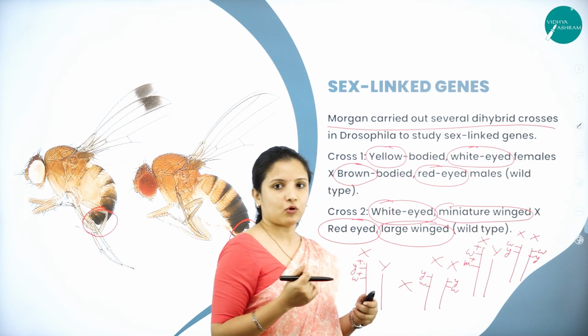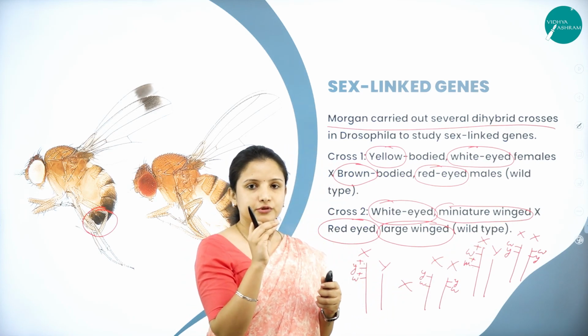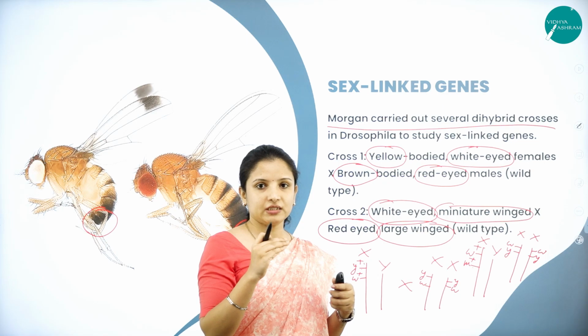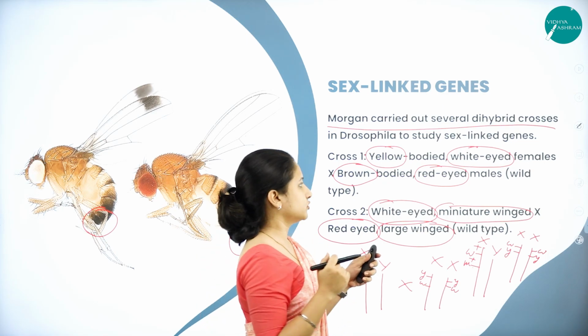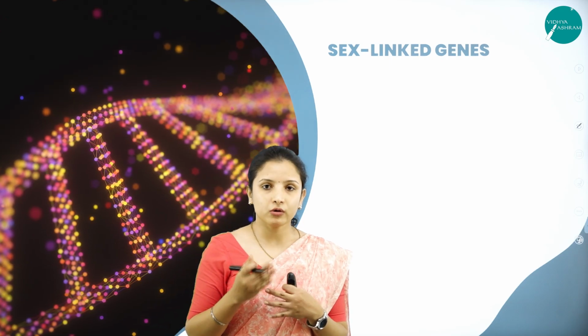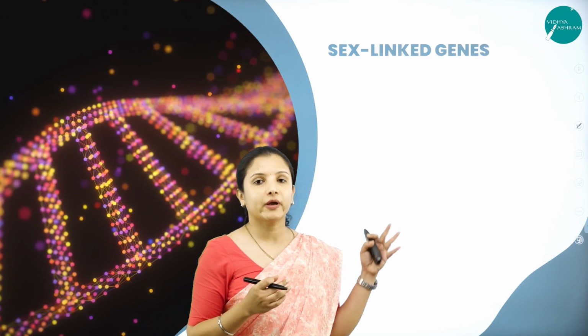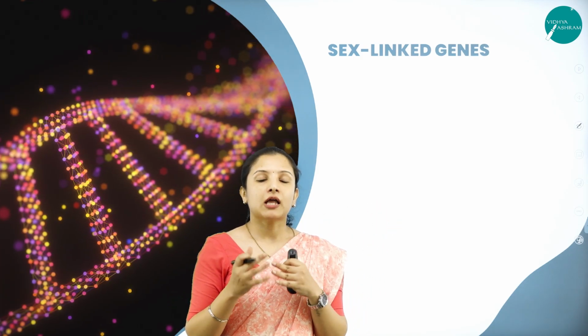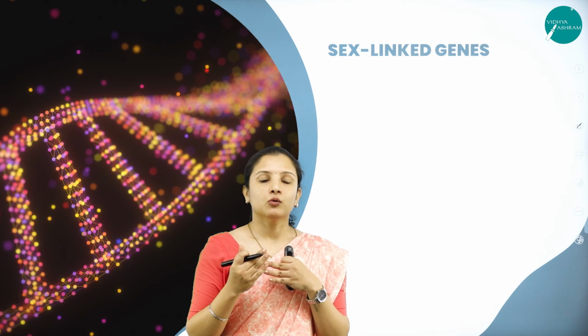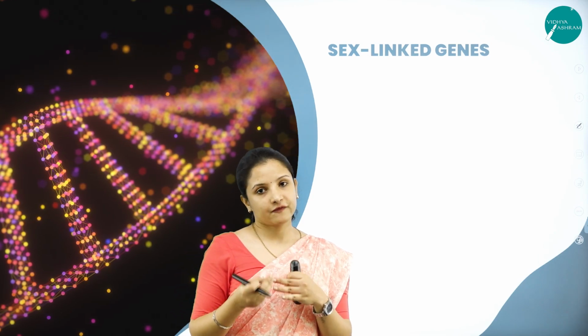So what Morgan did was, he chose a chromosome wherein the genes are located far from each other, in different positions on the chromosome. So we shall see what conclusion Morgan came to when he made a cross between the red-eyed, large-winged male and the white-eyed, small-winged female.